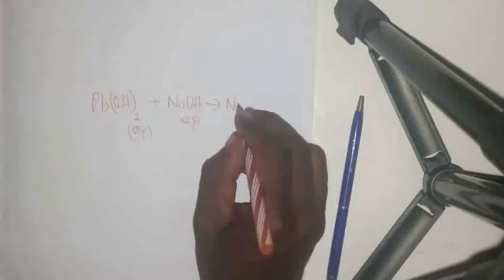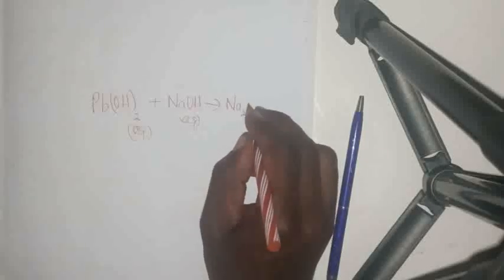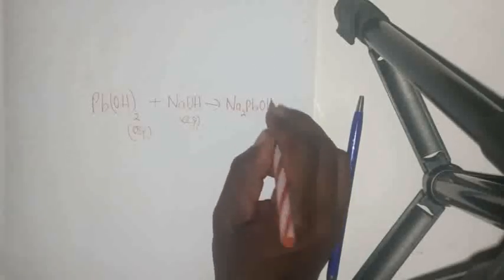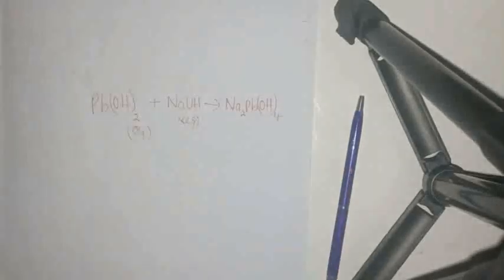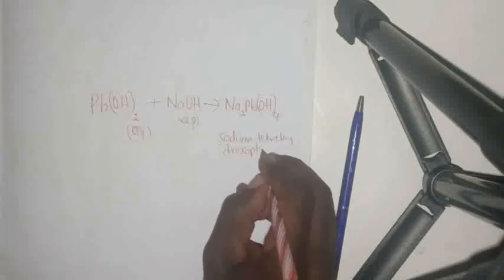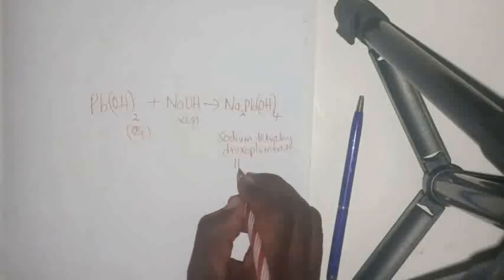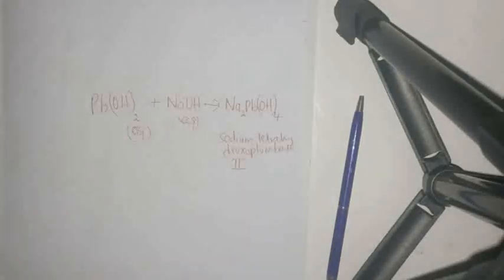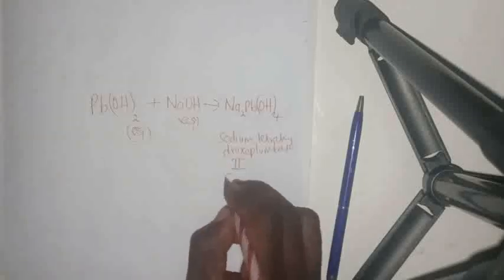We shall form sodium 2 PbO, OH, close the bracket, then 4. Then we can call this sodium tetrahydroxoplumbate 2, because Pb means plumbate, and this is a complex salt.